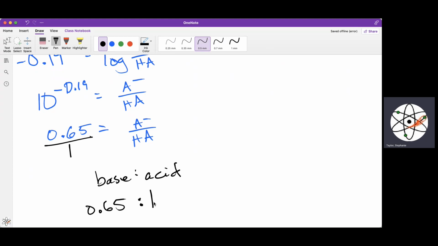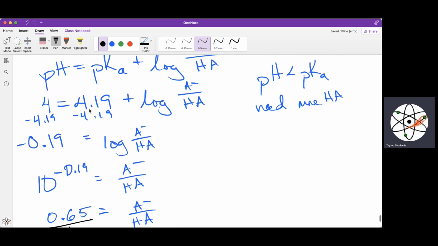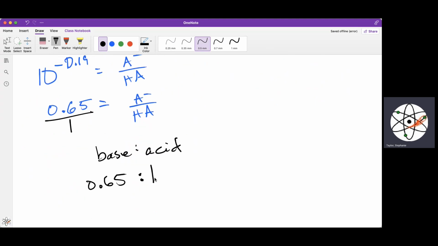And what you should notice here is that my acid value is larger. So the 1 is for the acid, the 0.65 is for the base. And we predicted that because my desired pH is lower than my pKa, I should have more acid. And that is what is predicted here.